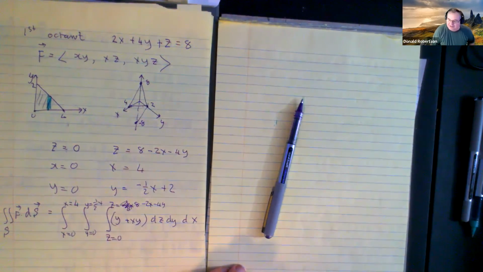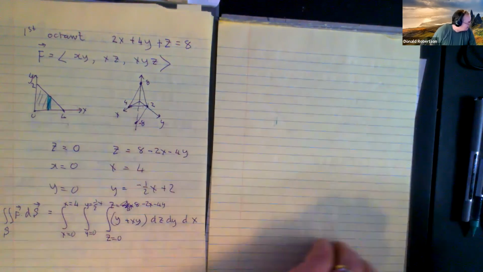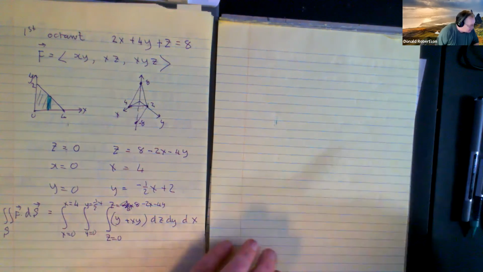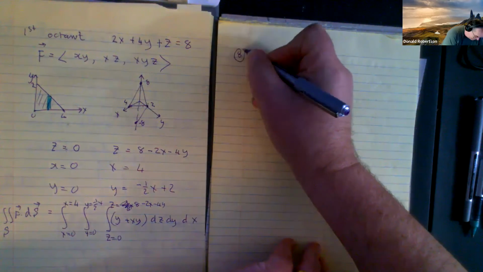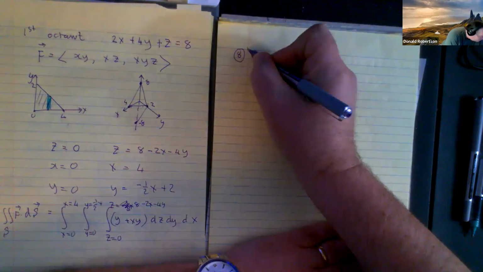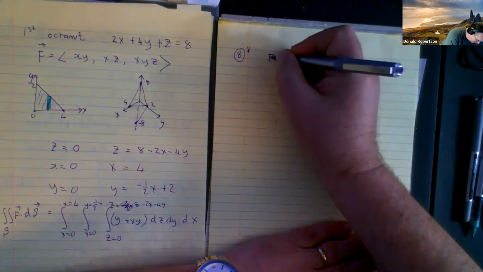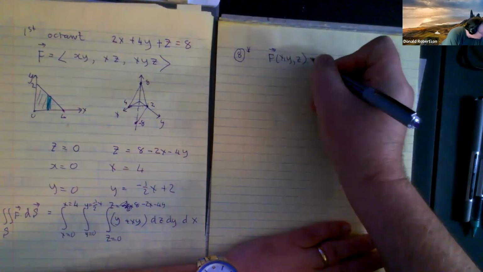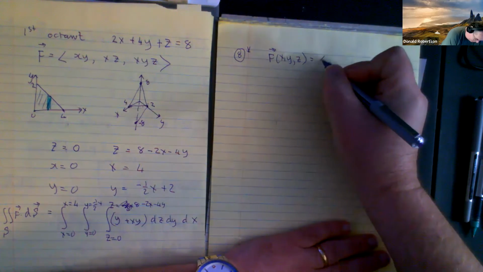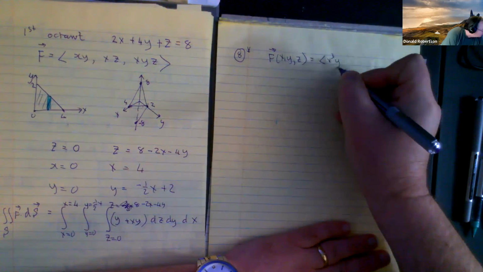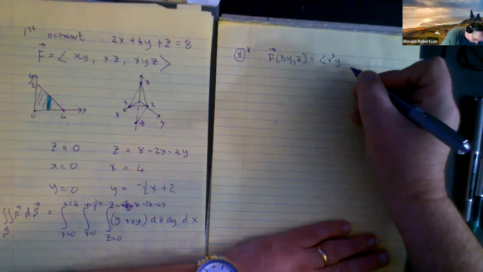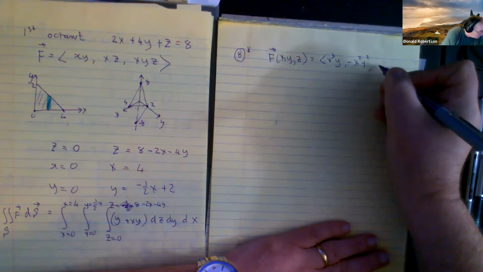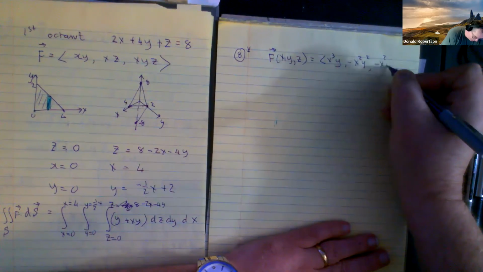Right, let's get started then. The horrible one, at least in my mind, is coming up right now. So this is question 8, or at least a version of it. The vector field is x cubed y, negative x squared y squared, negative x squared yz.